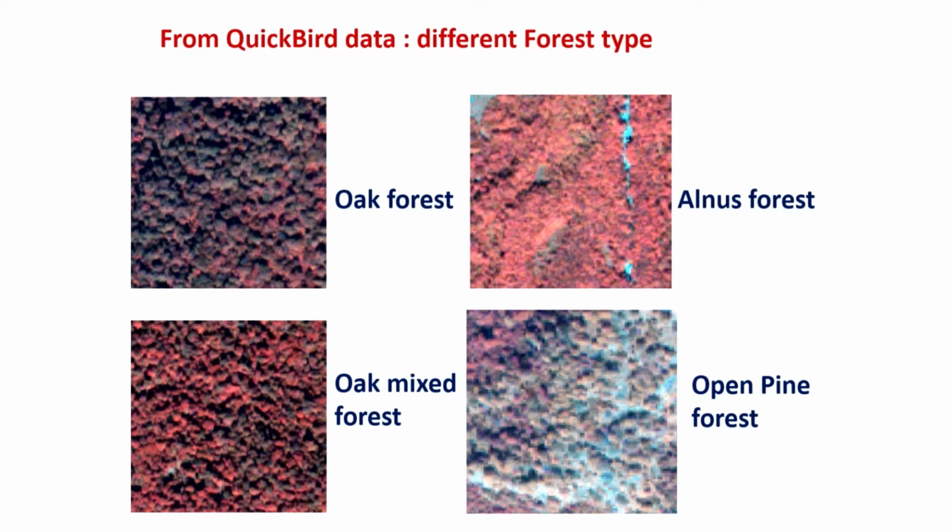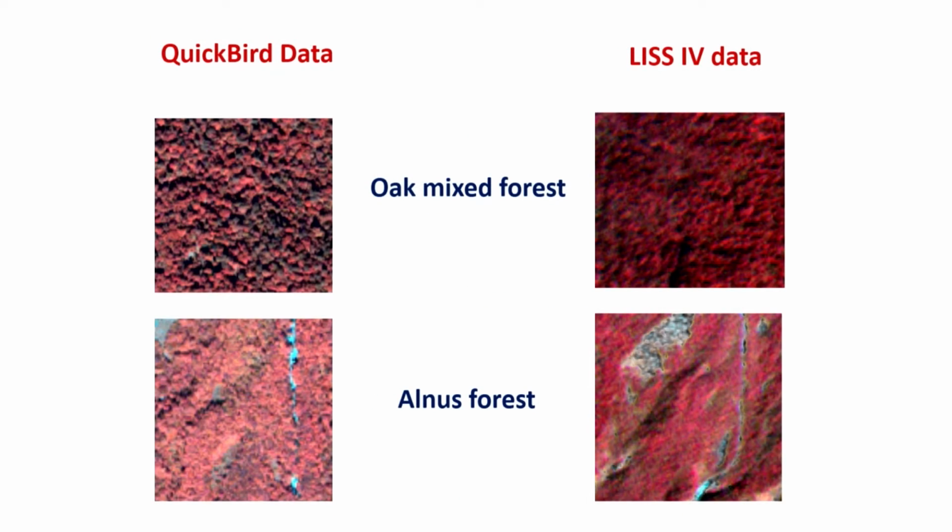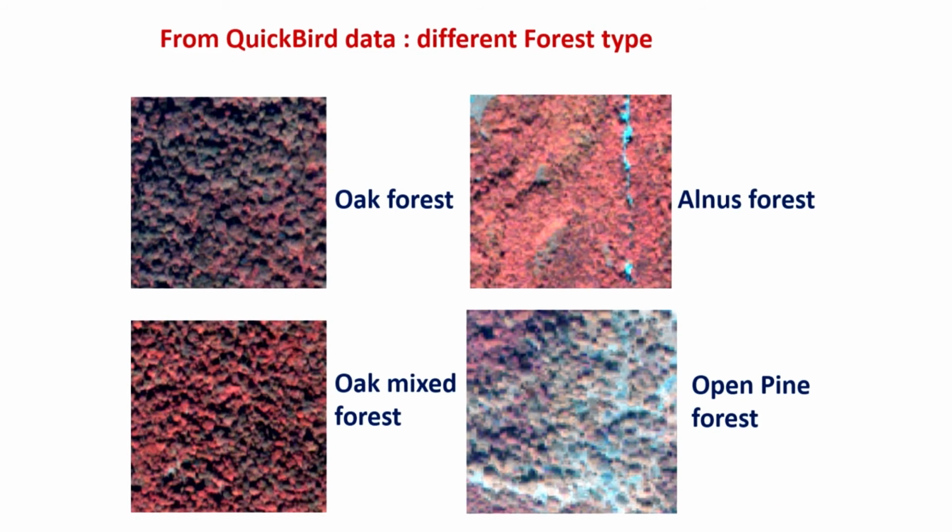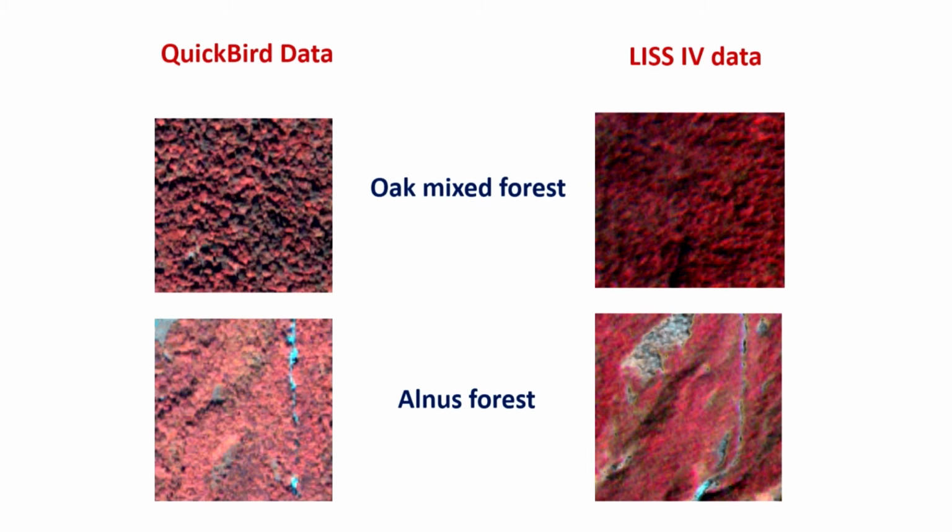The texture is varying. Now here, these are different types of forest, right? The same using high resolution. Now a comparison between, this is around 1 meter data sets and this is 5 meters. How the appearance changes with the resolution.